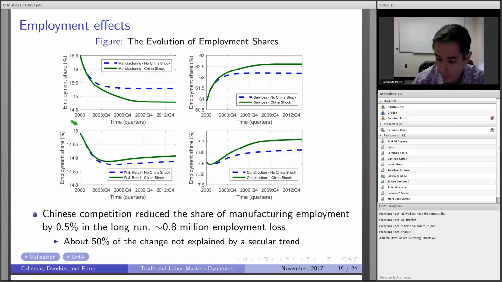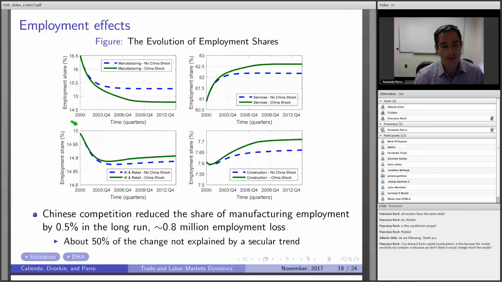The green line shows the evolution of the manufacturing employment share with the China shock, when we feed into the model the changes in productivity across manufacturing sectors in China. Therefore, the difference between the green and the blue dashed line is the change in manufacturing employment shares that we attribute to the China shock.